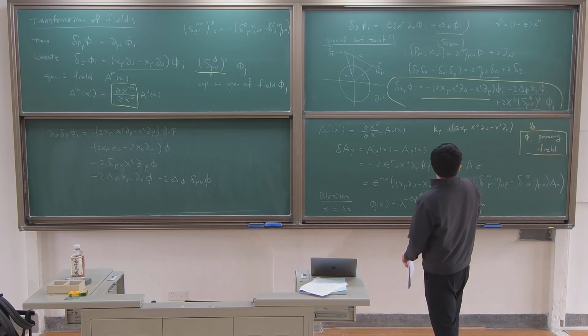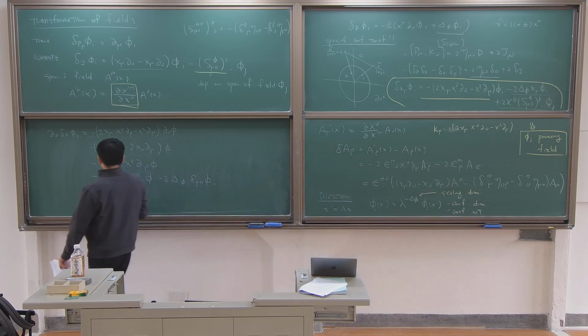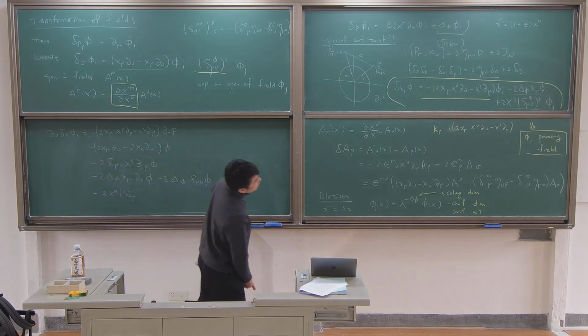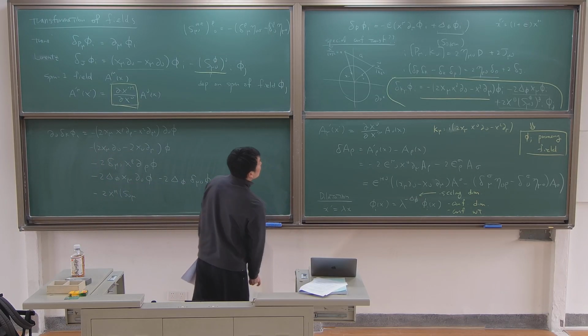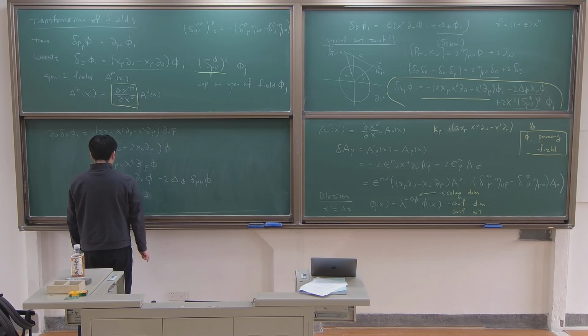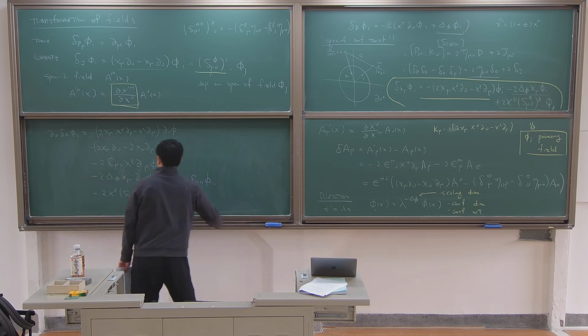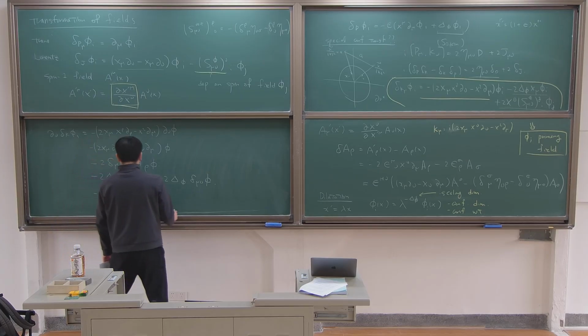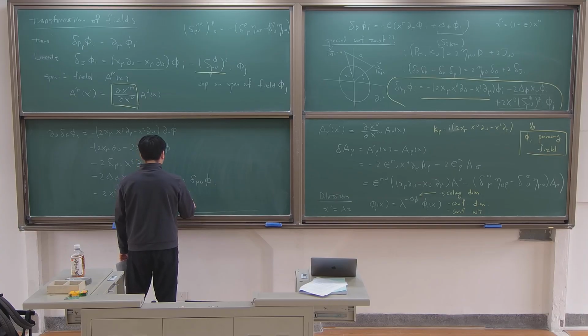So what you get is something like this one, minus 2x mu acts on phi I. I think I'm running out of indices, so I should use rho. Partial rho phi I, and then you have a 2 delta rho mu.